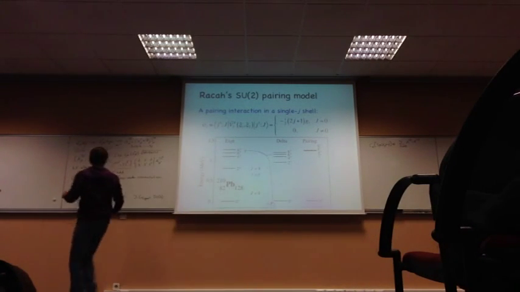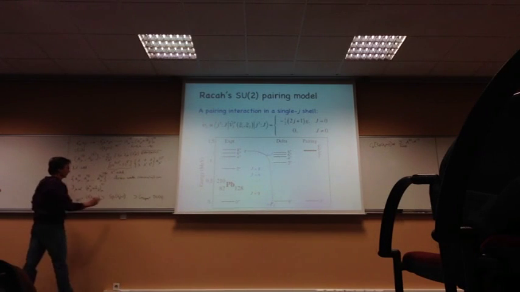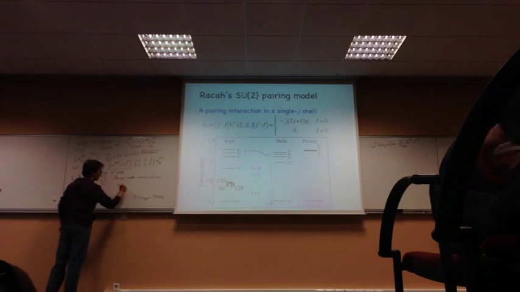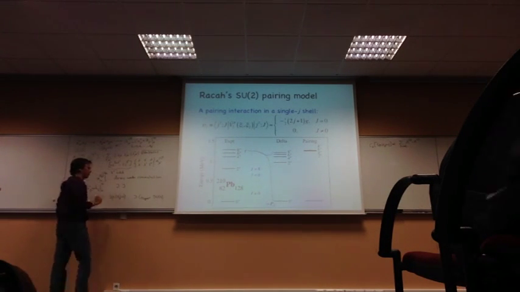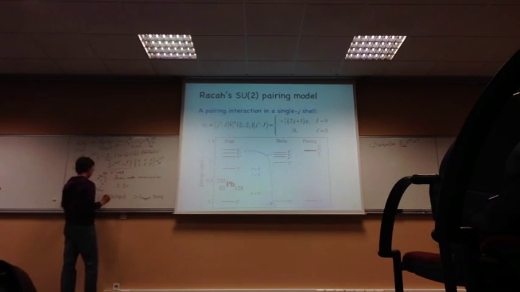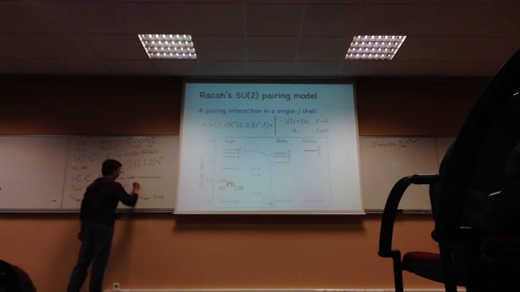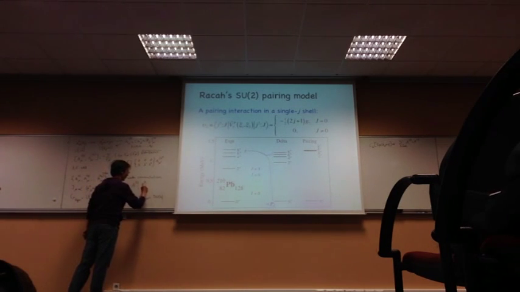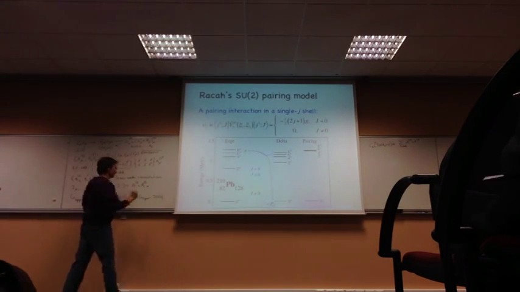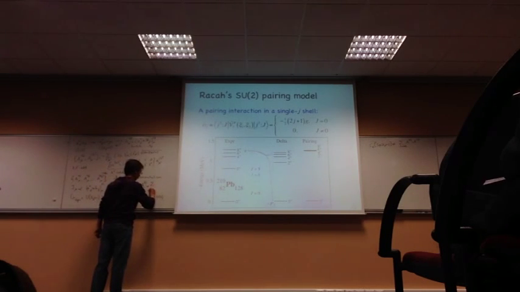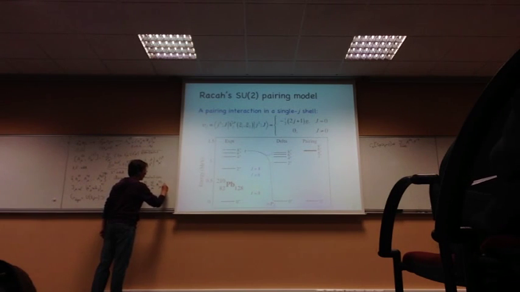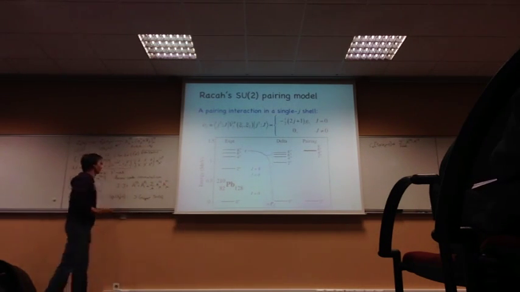What is the Casimir operator of SU(2)? It is J dot J, which if I write it in terms of this A, is A1 dotted with A1. Explicitly, it's a sum over nu of A1 nu times A1 nu.